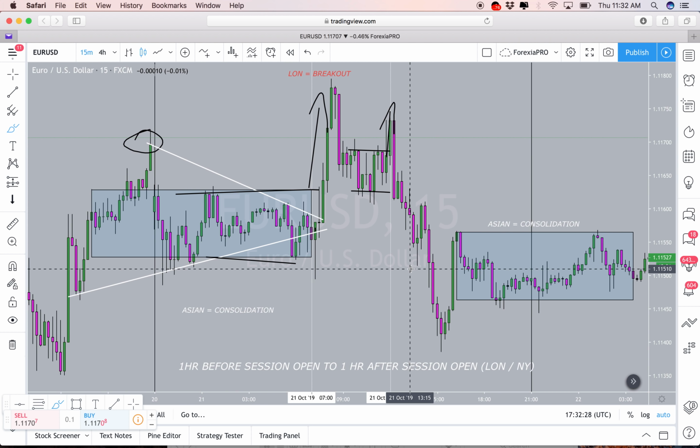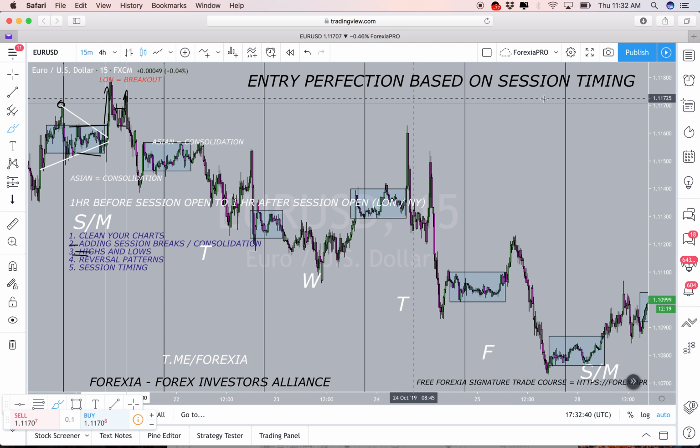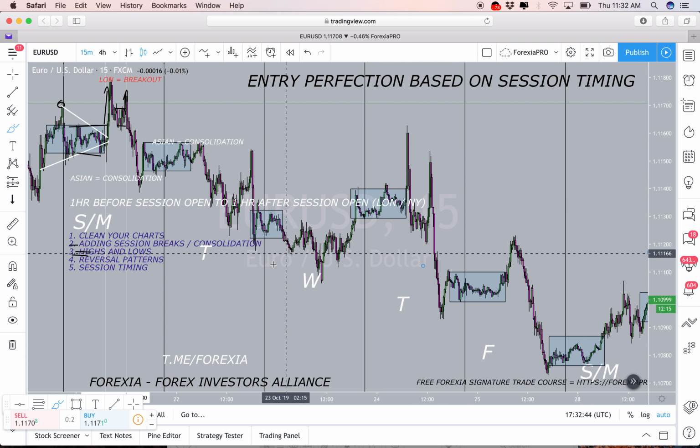Okay, this is how you get a perfect entry based on session timing every single time. And if it's not happening on one pair, you check the next pair because it'll most likely happen on a different pair. If it's not happening on Euro USD one day, it's most likely happening on AUD USD or NZD or GBP JPY.